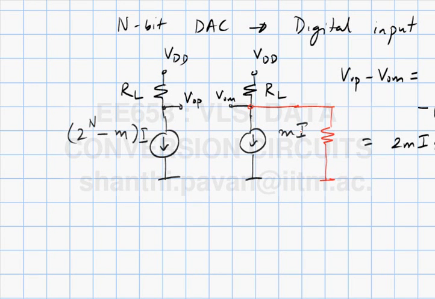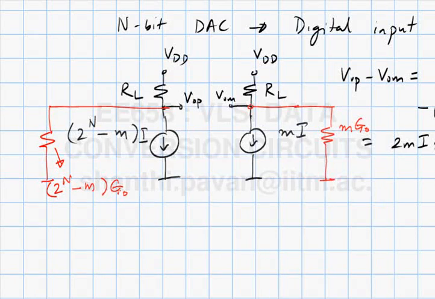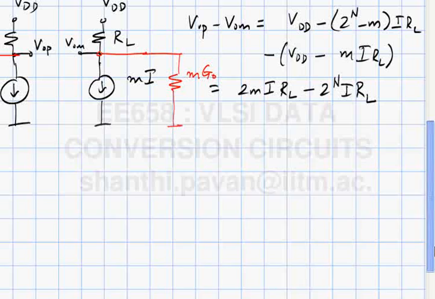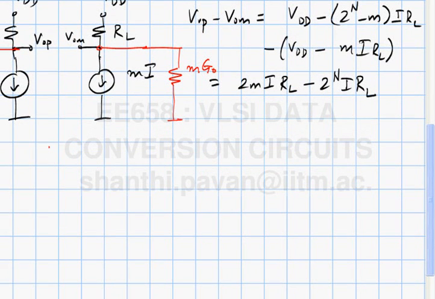Assuming the output conductance of one current source is GO, this will be m times GO, and this will be 2 to the n minus m times GO. So, can you comment on the correctness of this model? Why is this model correct? All right, I'll show you that it's not as correct as you might think.